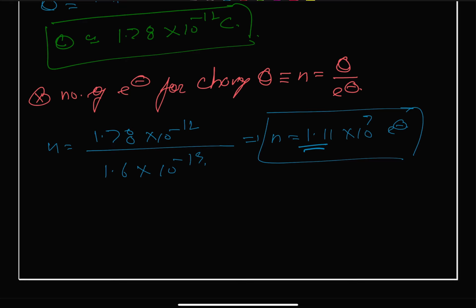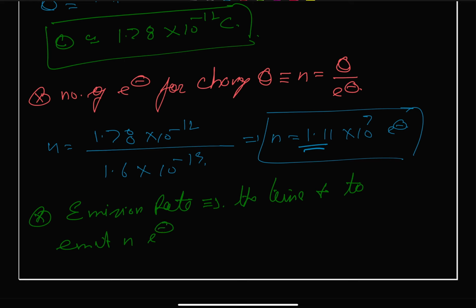So finally we can say that the emission rate, which basically is the time t to emit n electrons.